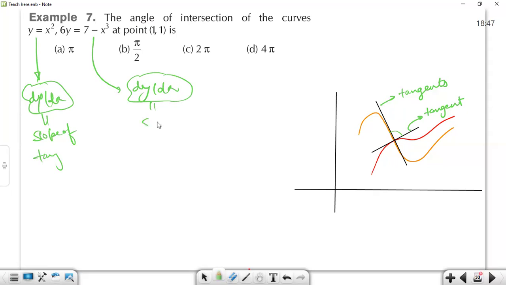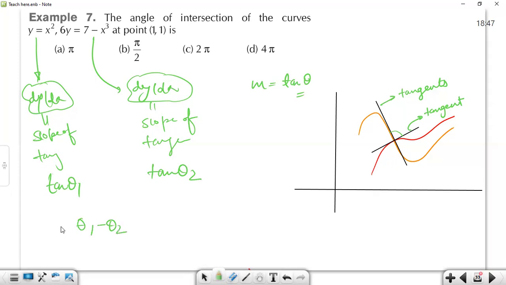And we know the slope of a straight line is equal to tan theta. So basically we will have tan theta 1 and tan theta 2, and we need to find theta 1 minus theta 2, and that will be the angle between these two tangents. So how will we do that? Let's take its tangent, and we know this formula.